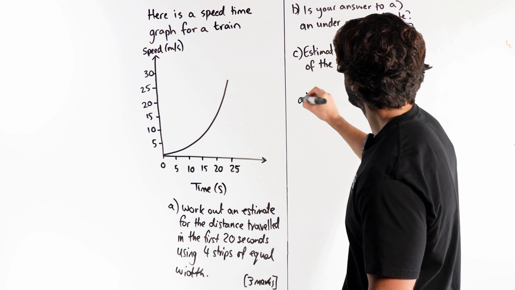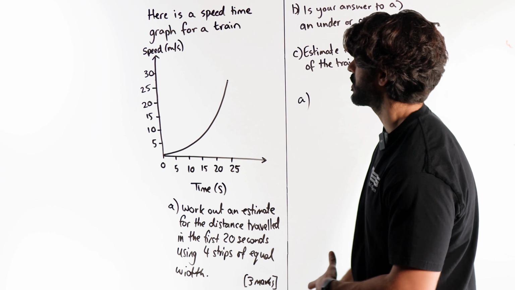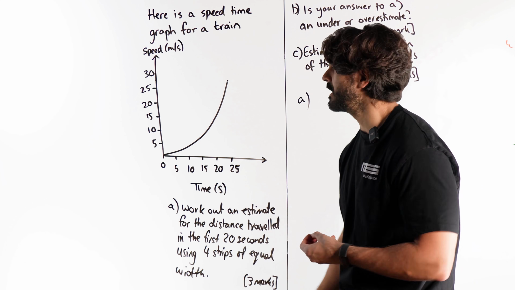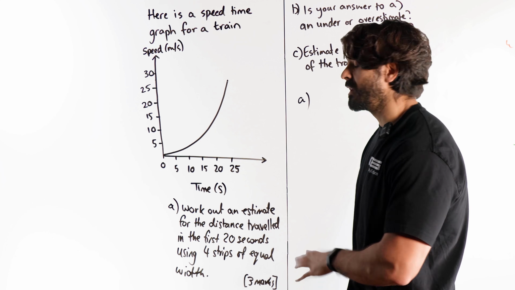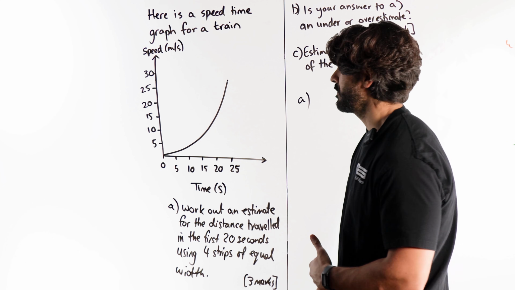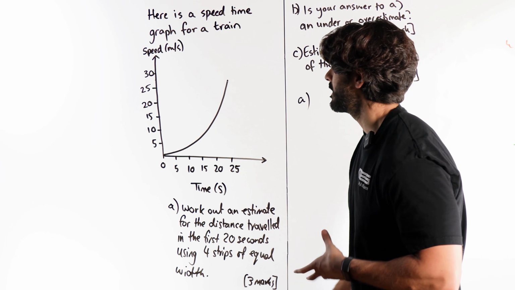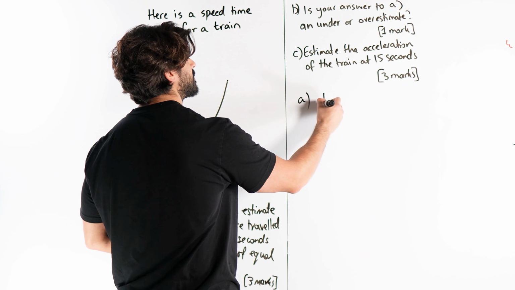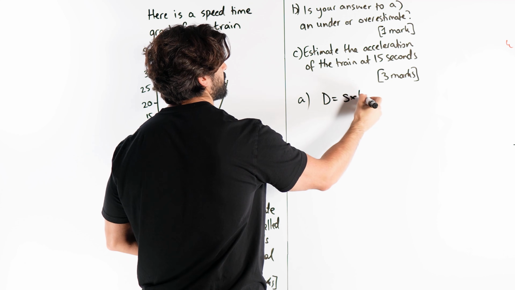Now, how do you calculate the distance traveled in a speed time graph? Well, all it is is the area underneath the graph within that time period. Why is that? We know that distance is speed times time, right?